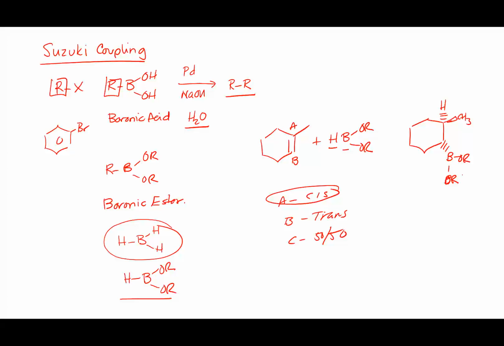So this is the first step in that reaction. And now let's say I had this molecule and I said, okay, let's go ahead and react that with bromobenzene using palladium and NaOH. So I'm going to do a Suzuki coupling. What's going to happen?